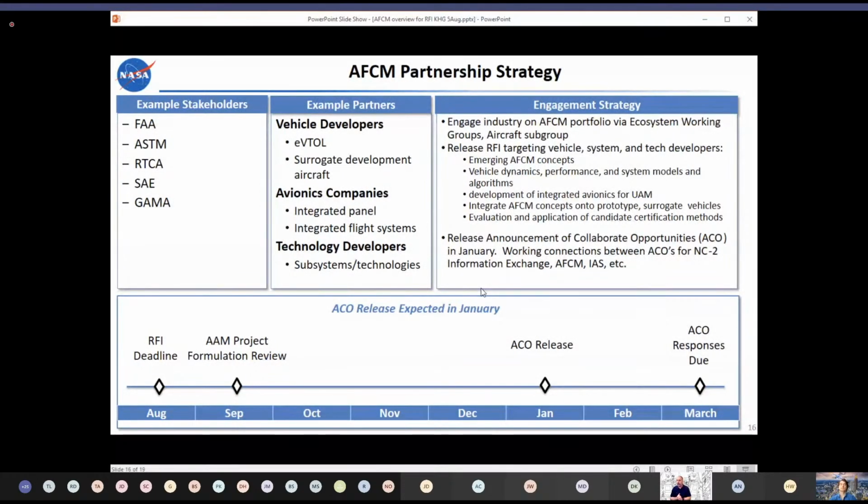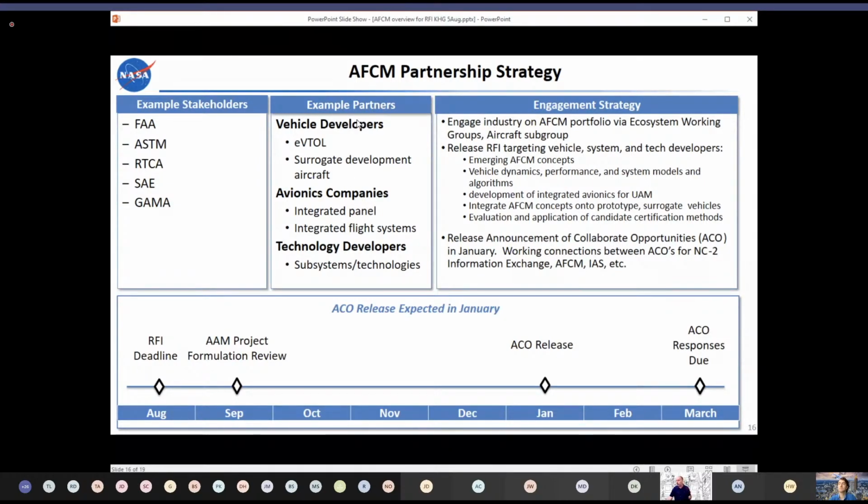And then finally here, from a partnership perspective, these are our broader stakeholders. These are the people that are actively engaged or manage the process of helping to develop those guidelines, policies, certification, means of compliance.